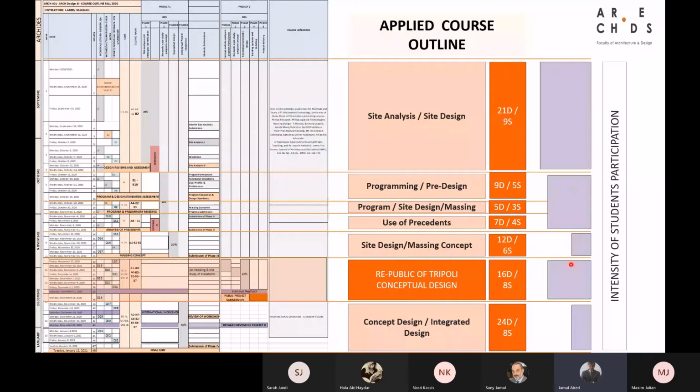The aspect that led us after 12 days and 6 sessions to decide to create a cut, and that has proven to be extremely useful, because we have regained the full energy of the students back into the course, and they participated energetically and very successfully, I would argue, in the design of that within the 2 weeks, something that they could not achieve in terms of commitment, at least in the first project.